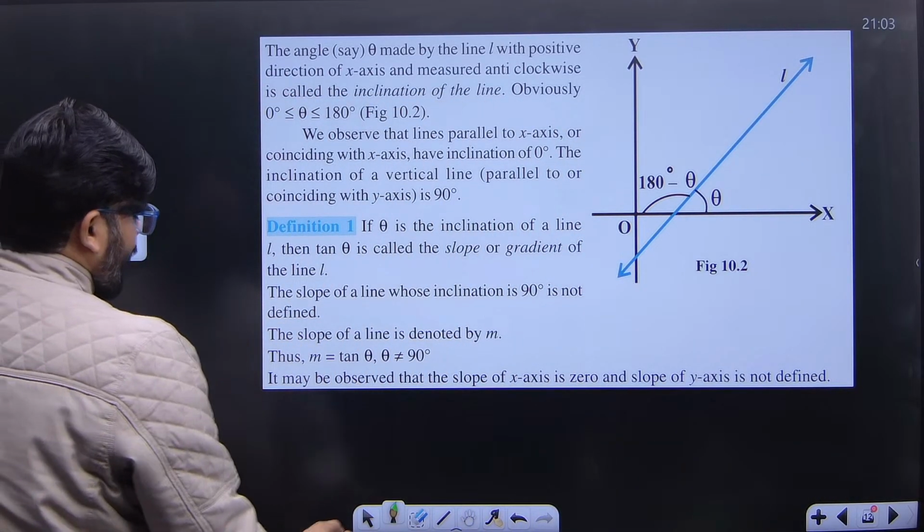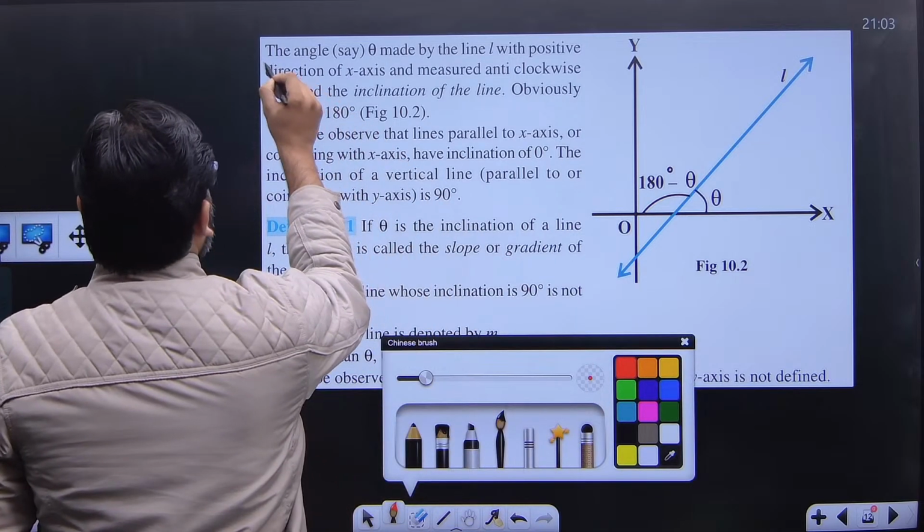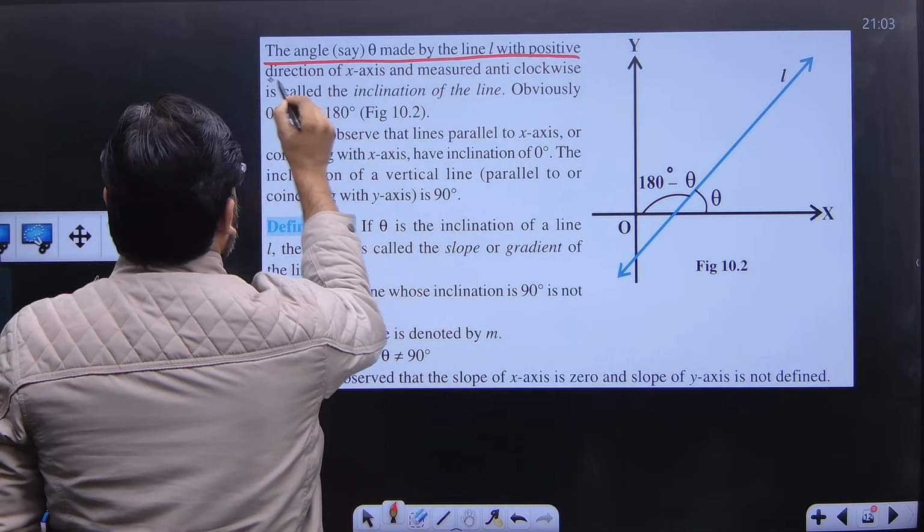So first I want you to write down this definition. This is a very important definition, and make the figure as well. Write down.